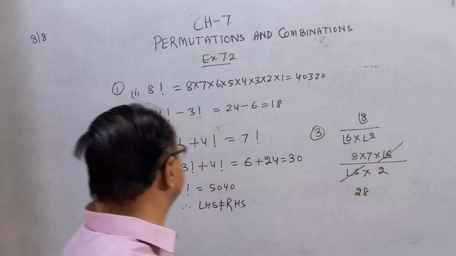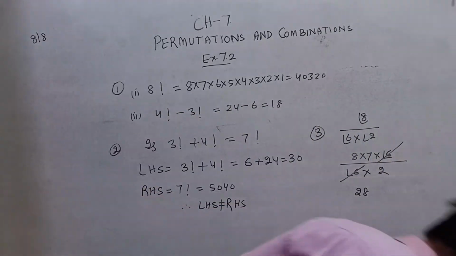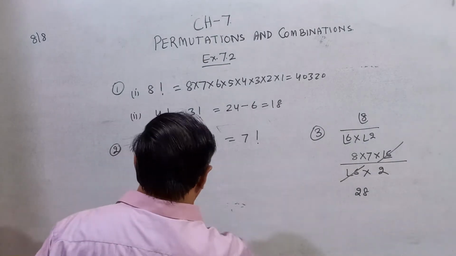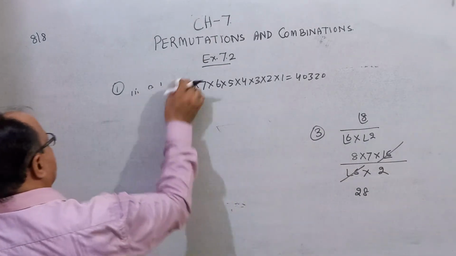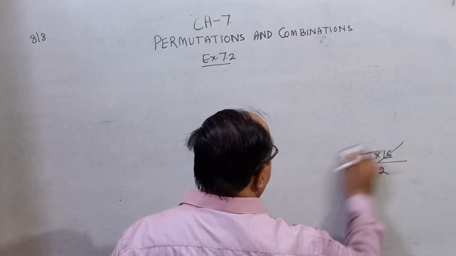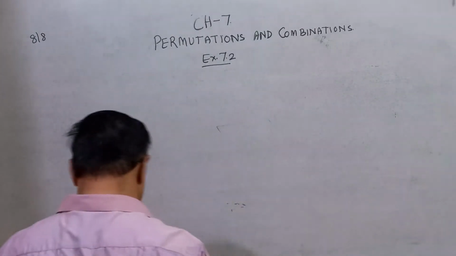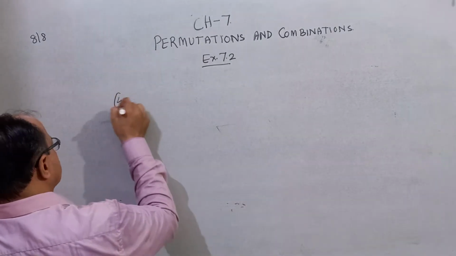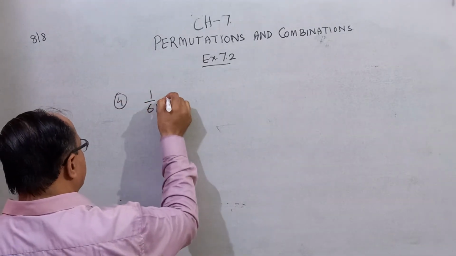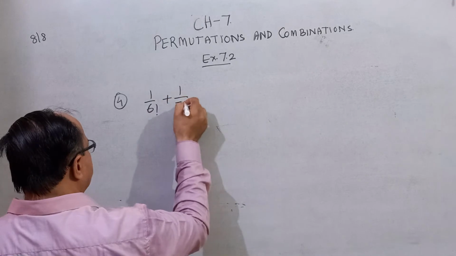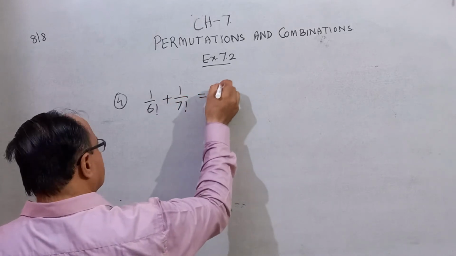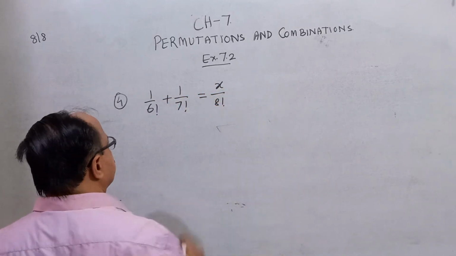Question number 4. 1 by 6 factorial plus 1 by 7 factorial is equal to x by 8 factorial.